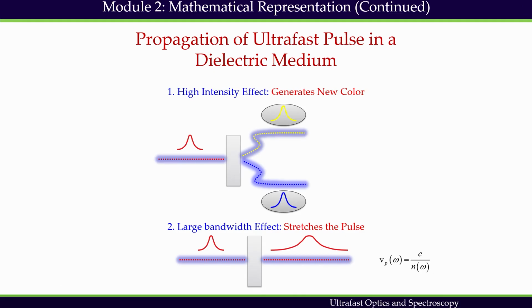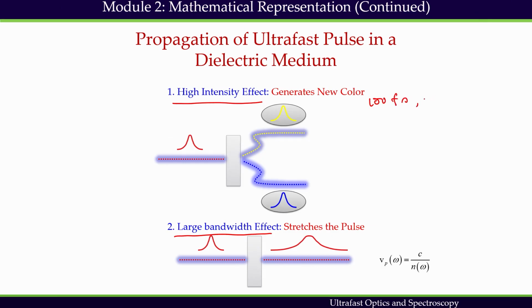So we should understand the propagation of the pulse through the dielectric medium. Mostly two effects we observe when an ultrafast pulse propagates through a dielectric medium: the high intensity effect and the large bandwidth effect.